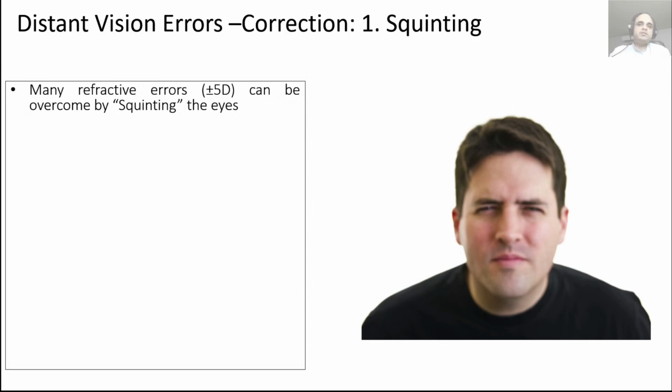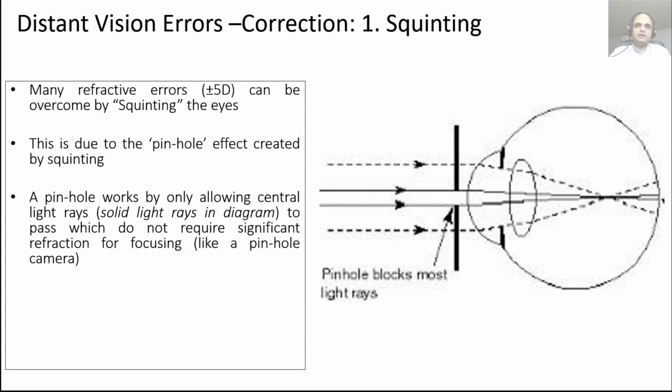So refractive errors of up to 5 diopters, either 5 diopters of myopia or hypermetropia, can be overcome by squinting. And what squinting does is create a pinhole effect. A pinhole effect only allows light rays that are close to the optical center of the cornea and the lens to pass through. And light rays that are passing through the optical center are considered to be automatically or already focused.